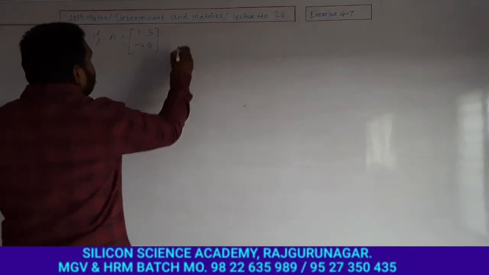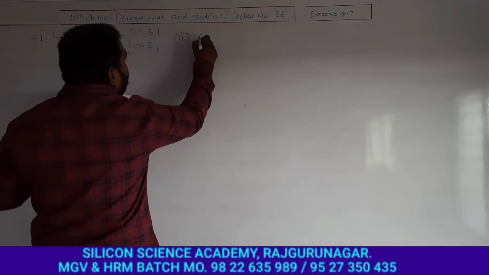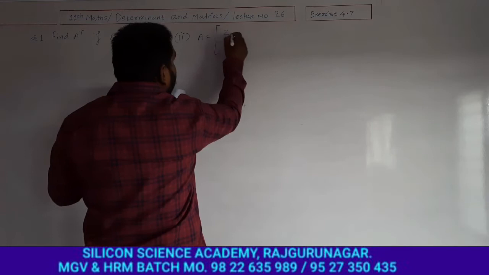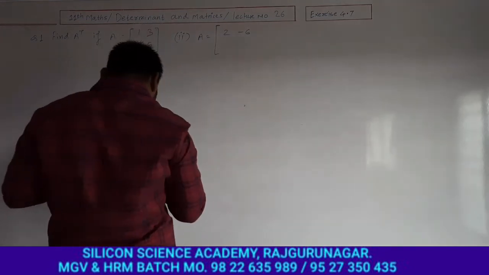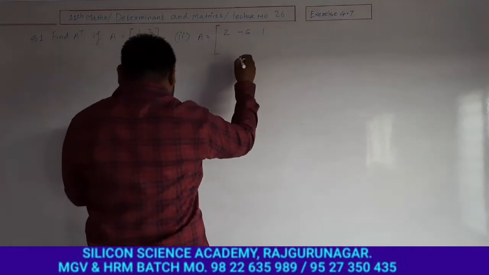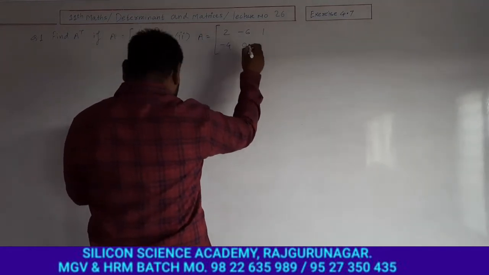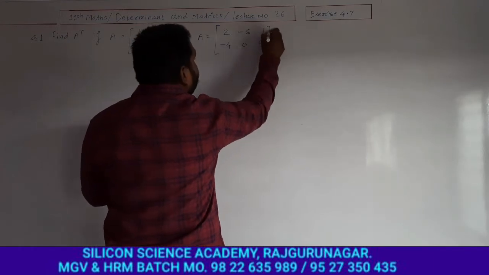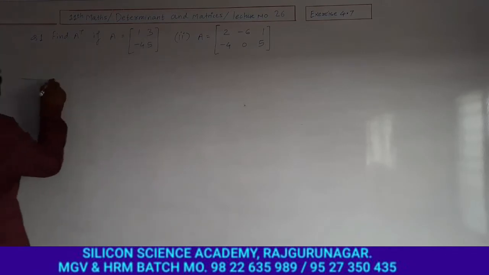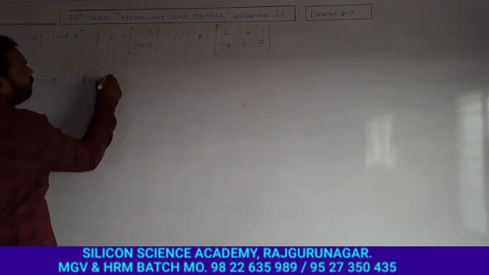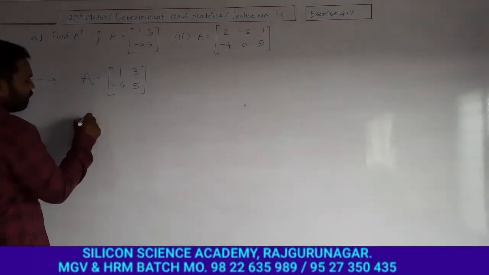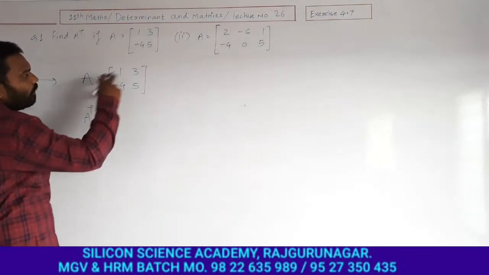And the second example is A is equal to [2, -6, 1; -4, 0, 5]. We have to find A transpose. That is, A is equal to [1, 3; -4, 5].